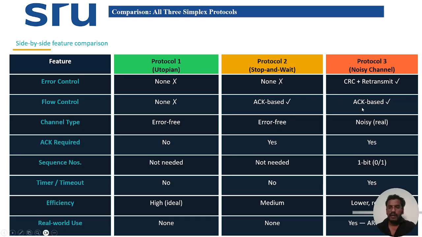The third method, the noisy channel method, is also possible based on the acknowledgement and channel type. The first is an error-free method, used only in environments where no error appears while transmitting data. The second is also for error-free channels, and the third is for noisy channels.